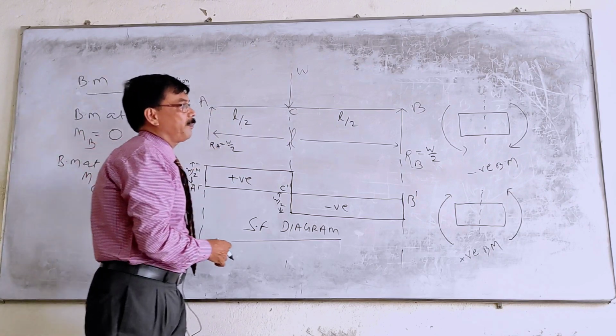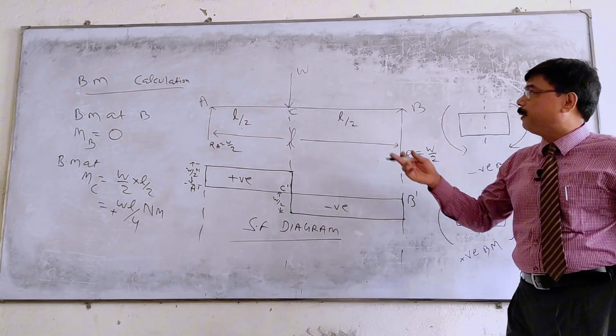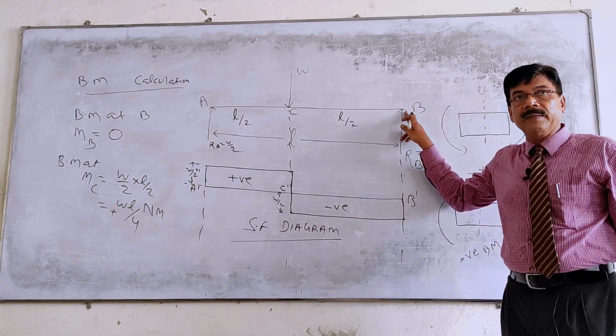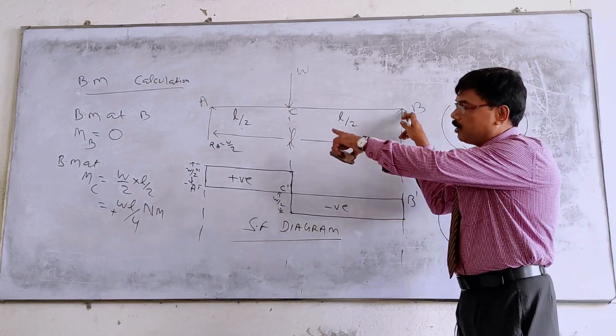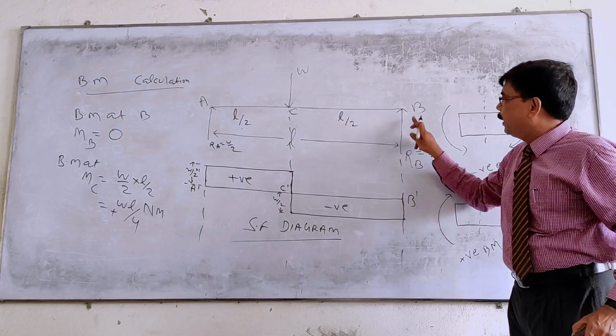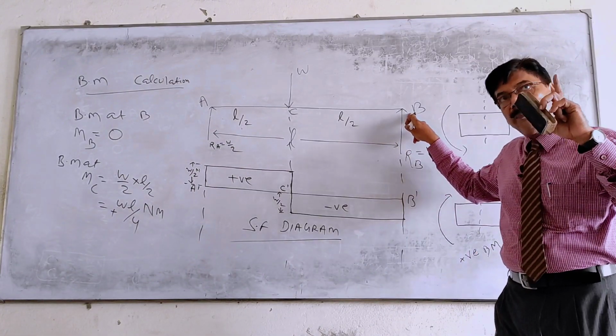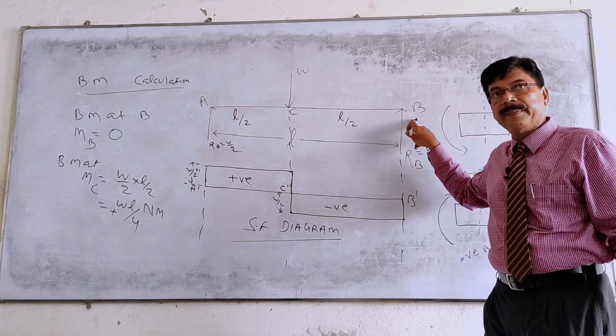Next, bending moment at B. We are coming from the left. So how many forces? One is W/2 at A, another is W at C, and the last one is W/2 at B. So there are 3 forces. One by one, take the moment about B. That is the bending moment.